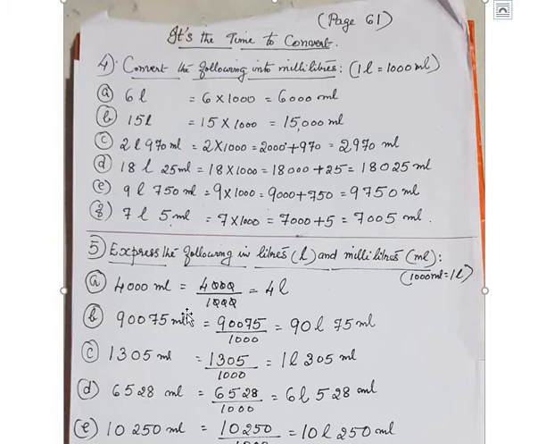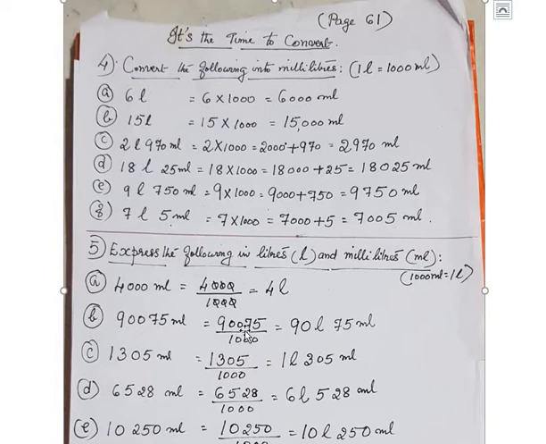There is also an easy method: count 3 decimal places from right to left and put a dot, then also you get the answer. So here you can see 90,075 ml. 90,075 upon 1000. 1000 has how many zeros? 1, 2, 3.